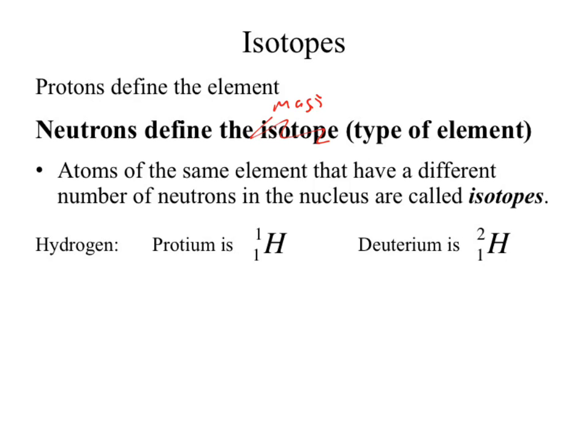That's it. Okay? So how do we determine the value on the periodic table? This is coming from an average. So let's average the atomic mass of protium and deuterium. How would we do that?